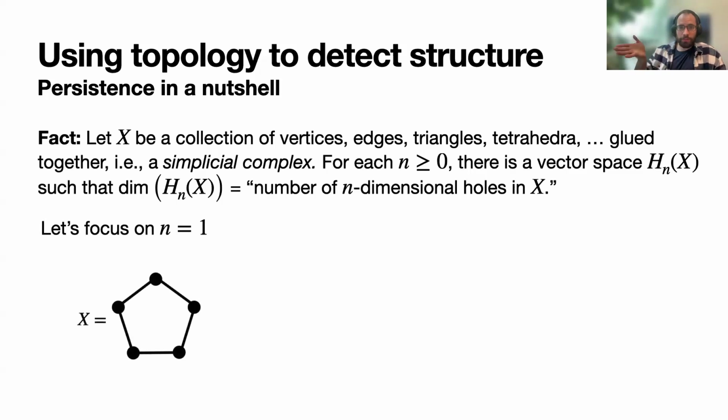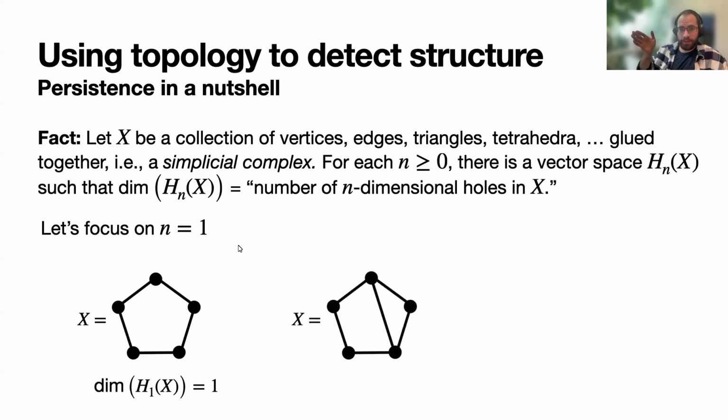So if this is my X, I have some vertices and I have some edges. One can ask a computer to compute its homology based only on the information of the vertices and edges, and it will spit out that the dimension of the homology in degree 1 is 1. Not coincidentally, that's counting the fact that there is a hole, or a cycle, in my X here.